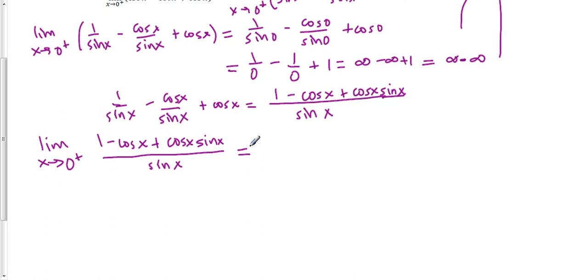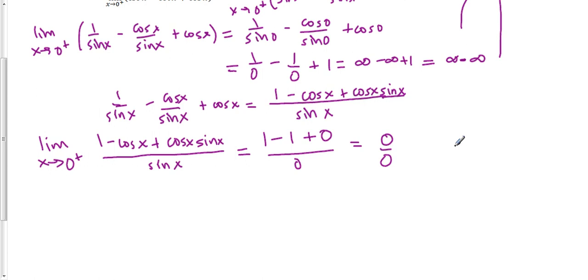And if I substitute in, I'm going to get 1 minus, and what's the cosine of x? 1, plus the sine of x is going to turn that whole term to 0. And then I'm going to divide it by the sine of 0, which is 0. So I'm going to end up with 0 over 0. And that is an indeterminate form to which I can apply L'Hopital's rule.